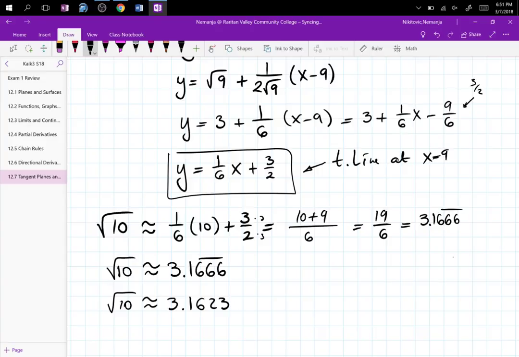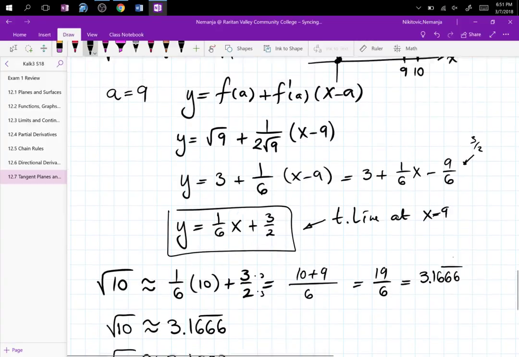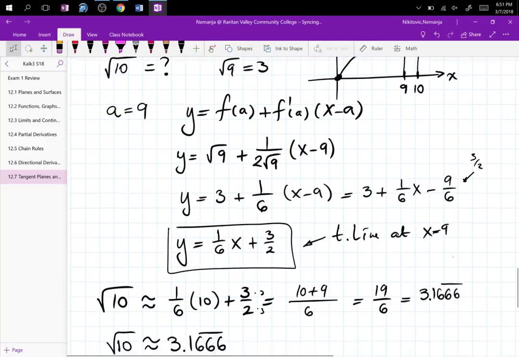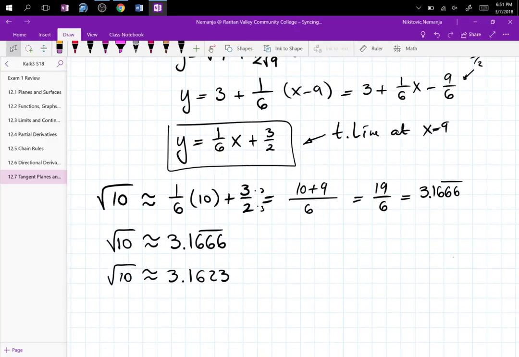Look at that. So we are 4 thousandths off. That's not a big deal at all, right? And we computed everything by hand. So that was the reasoning for us.